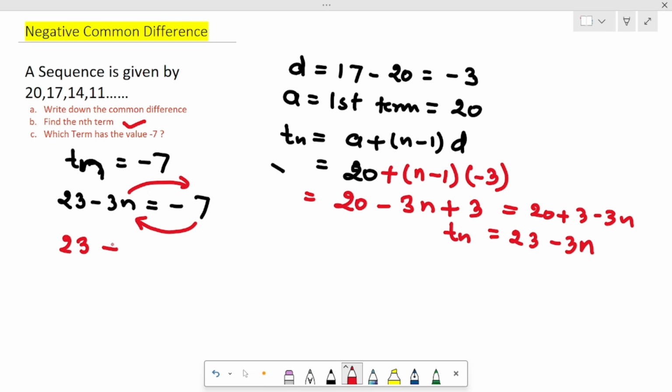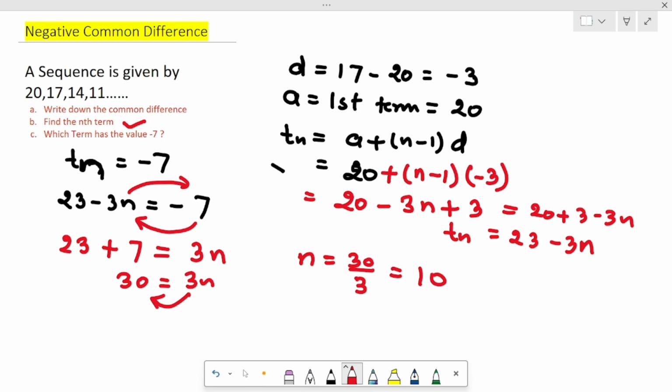Minus becomes plus when we shift to the other side, so this is going to be plus 7, is equals to, this is minus 3, when it goes it will become plus, so this will be plus 3n. 23 plus 7 is 30, so I'm going to write 30 is equals to 3n. And when 3 goes to the other side, it is in multiplication, so it will become division. So n is equals to 30 divided by 3, which is 10. So the 10th term will be minus 7.